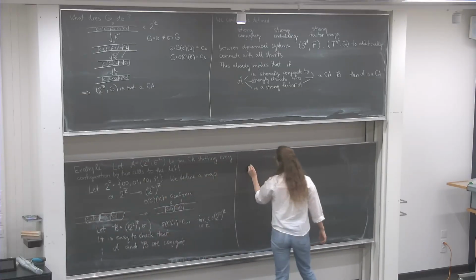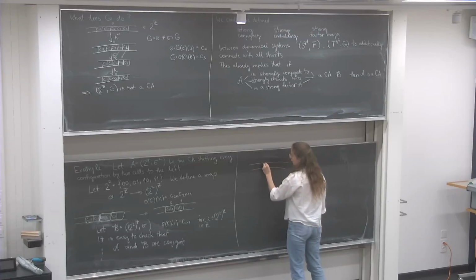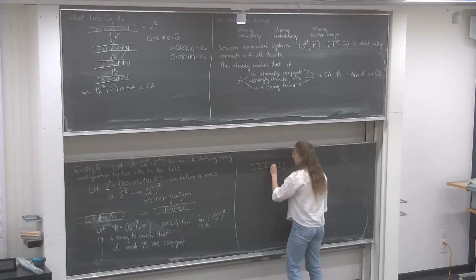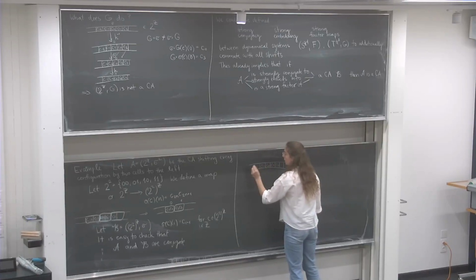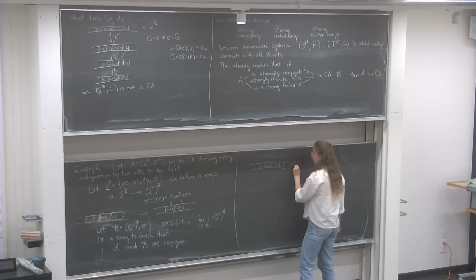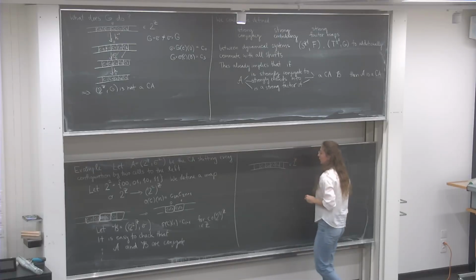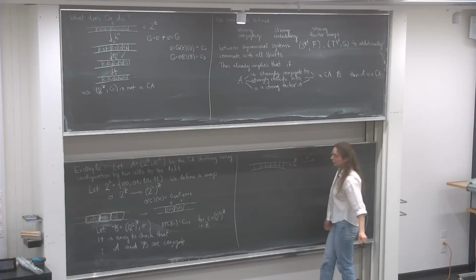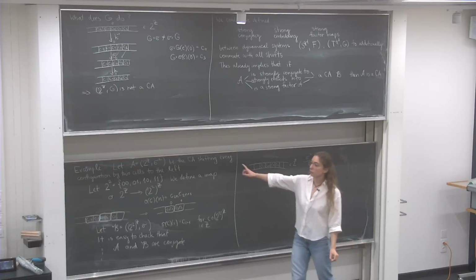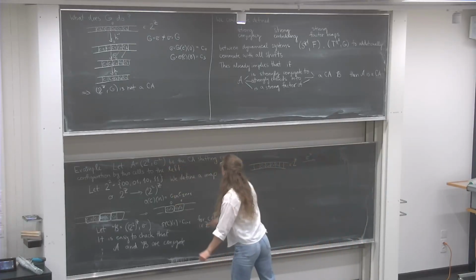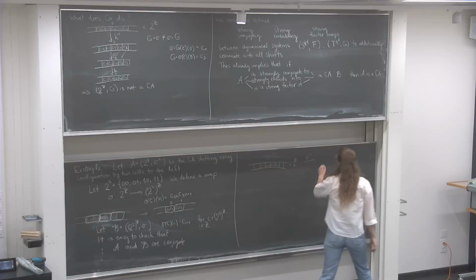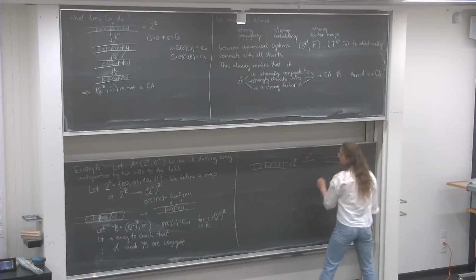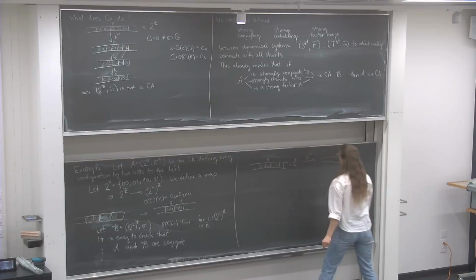Indeed, if you start with any configuration C in 2 to the Z, and you apply the sigma squared, which is the global map of our CA A. This is position 0.